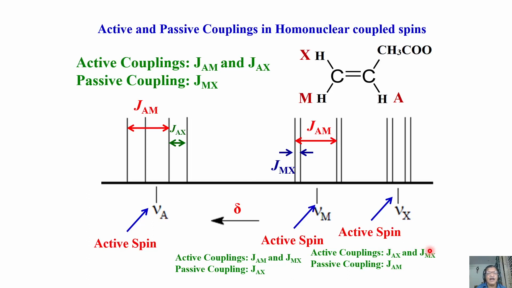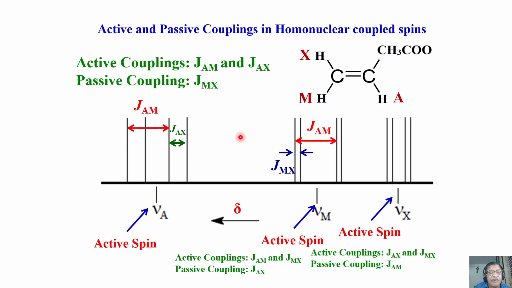You understand how active and passive coupling influences the spectrum. If you have a 3 spin system like this, just by looking at the pattern of the spectrum, you can start analyzing, always keeping in mind that the chemical shift of the particular proton you are looking at is an active spin, the remaining are passive, and you always get coupling between active and passive spins.